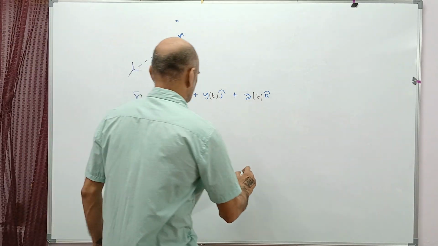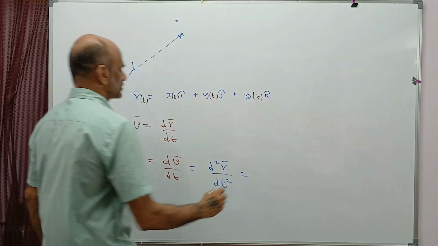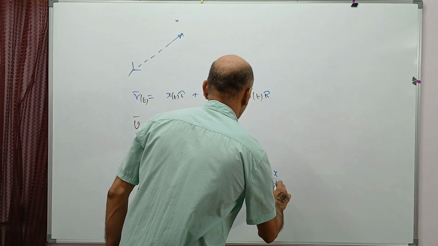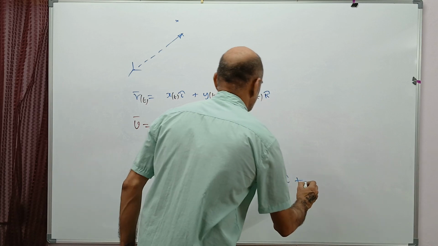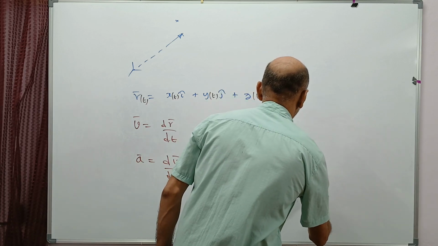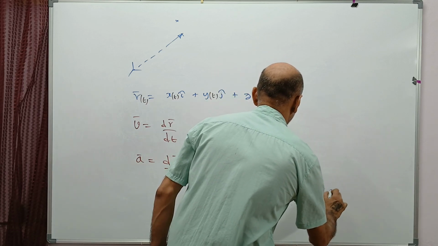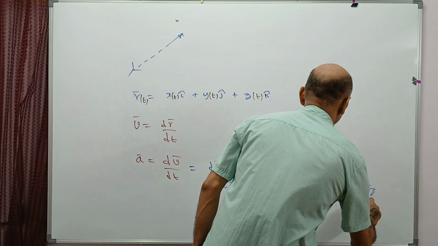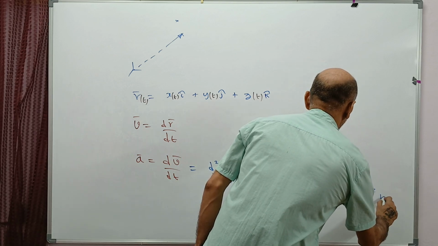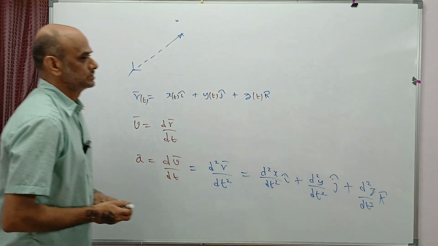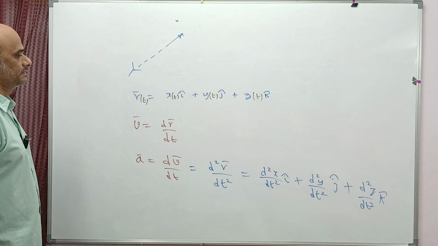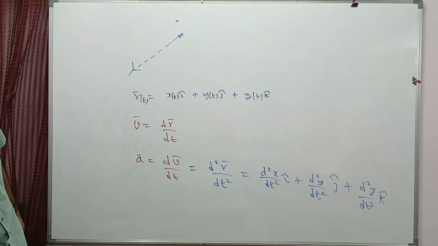You differentiate term by term, so it will become d square x by dt square i cap plus the second derivative of y with respect to time j cap, and then the z second derivative. So given the position vector, you can find acceleration by taking the second derivative of the position vector.